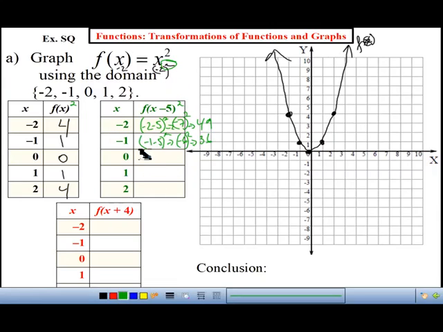Yes. Next, 0 minus 5 squared, which is negative 5 squared, which is 25. Next, 1 minus 5 squared, which is negative 4 squared, which is 16. Next, 2 minus 5 squared, which is negative 3 squared, which is 9.